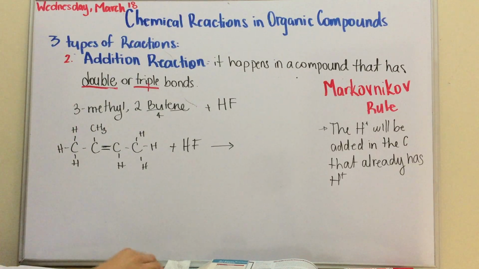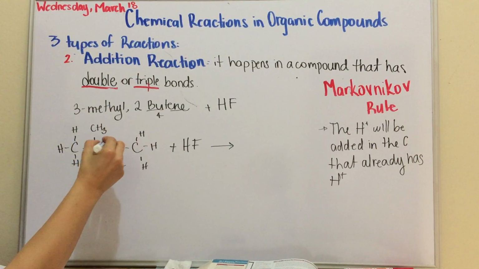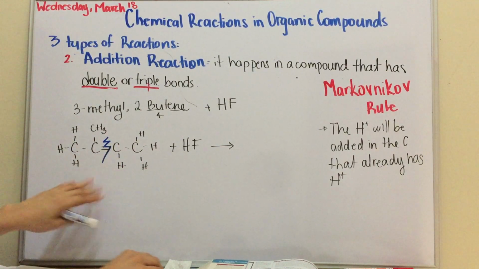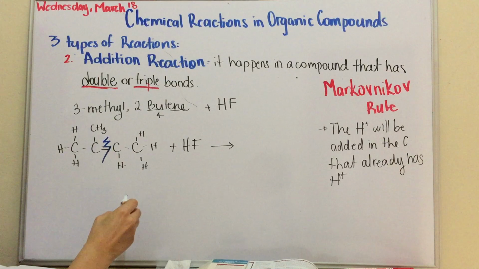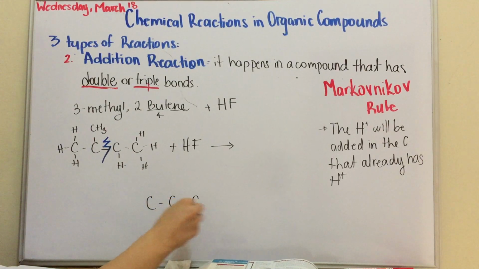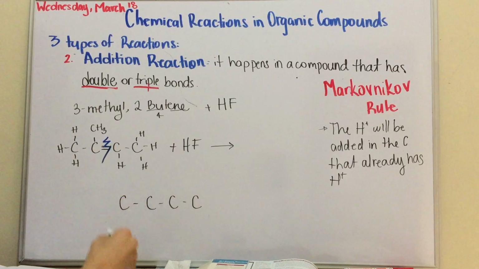So, I already know that in my addition reaction, I'm going to eliminate my double bond. And once I eliminate my double bond, I'm going to add a hydrogen and a fluorine. I'm trying to add 2 elements, so I'm going to eliminate my double bond. So I'm going to have 1, 2, 3, 4.